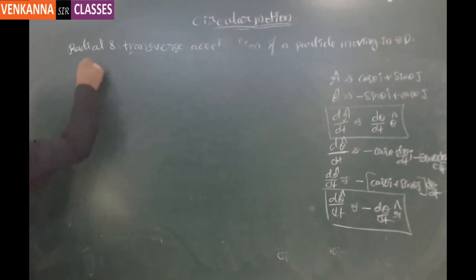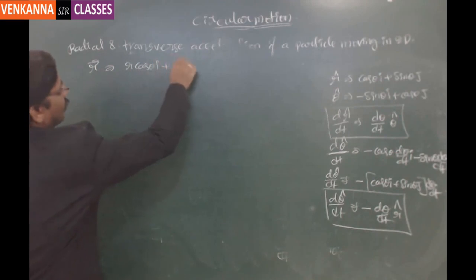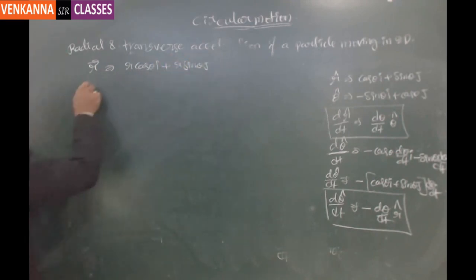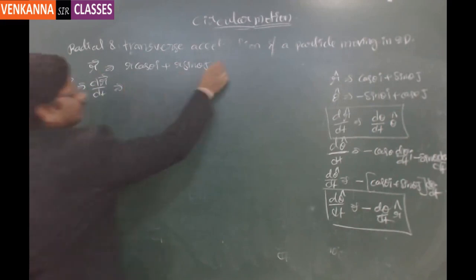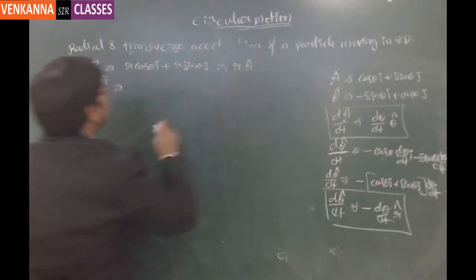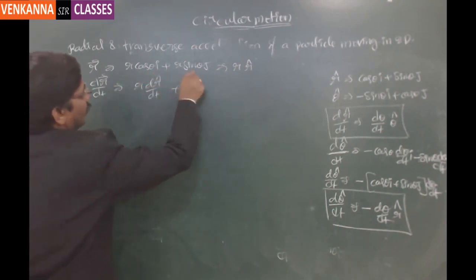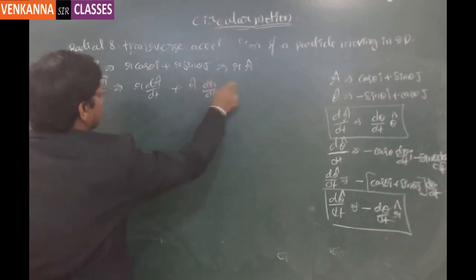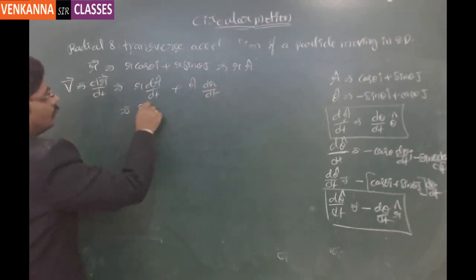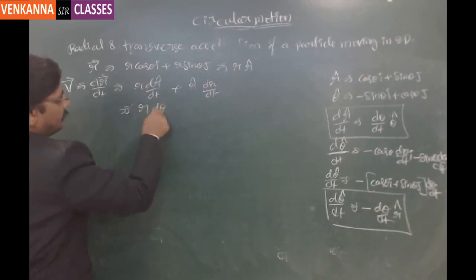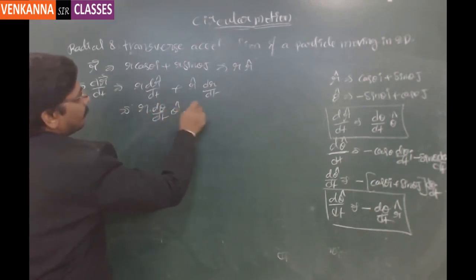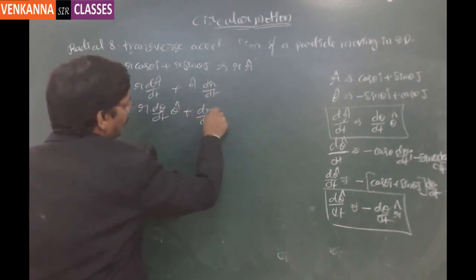So position vector r is r cos theta i plus r sin theta j, and velocity vector is equal to dr by dt, which is r into dr cap by dt plus r cap into dr by dt. This can be written as r into d theta by dt into theta cap plus dr by dt into r cap.